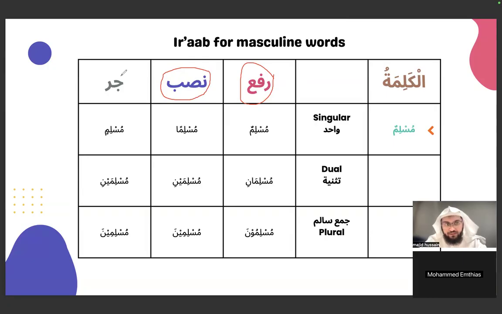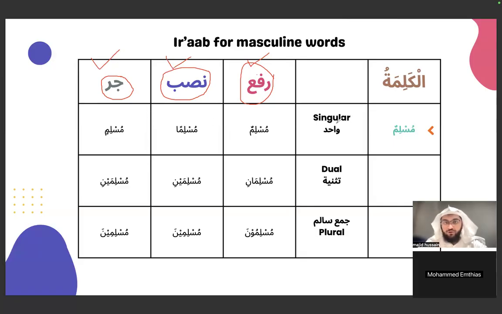And the third category is known as Jar. So we have three categories for I'raab. Right? So any noun will either fall in the category of Rafa, Nasab, or Jar. That's it.